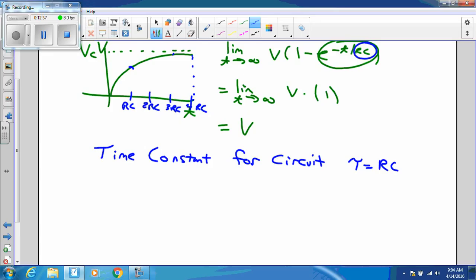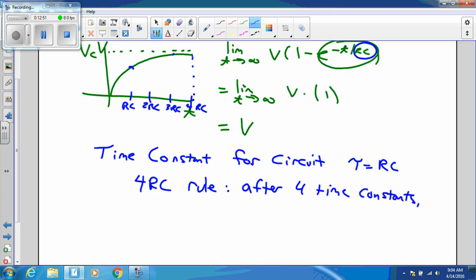After 3 time constants, it's pretty full, and after 4 time constants, it's basically full. This is the 4RC rule. After 4 time constants, the capacitor is going to be 99% full.